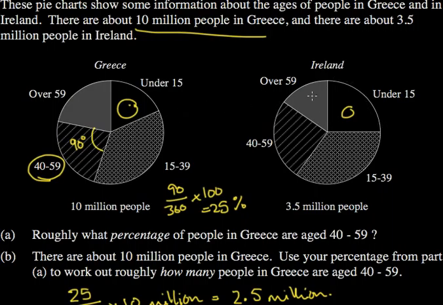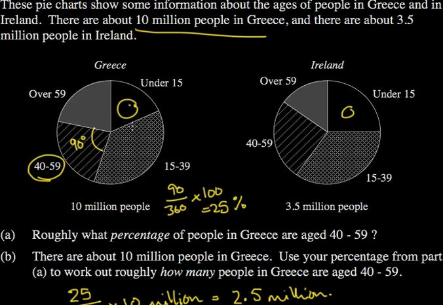But are there more people here than there are here? Well, probably not, because in total here there are 10 million people, but in total here there are 3.5 million people. So what we should do is work out the total number of people in each one of these sections and then compare that.